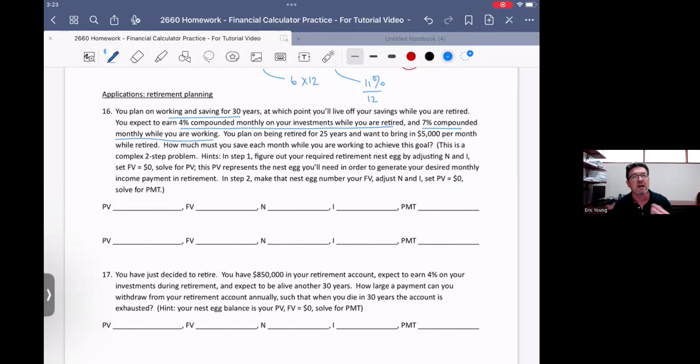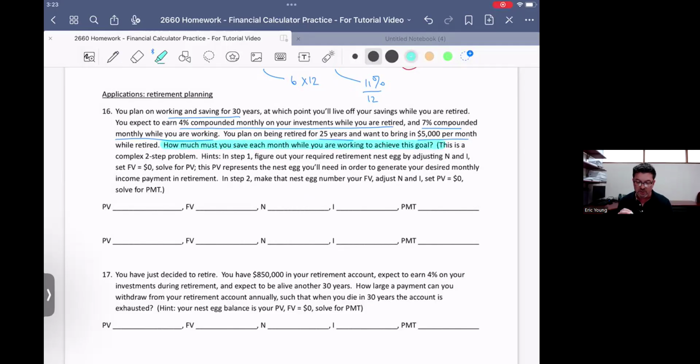So while you're working, you're going to be in riskier investments that give you a higher rate of interest. And then once you retire, you'll go really conservative to protect yourself. You plan on being retired for 25 years, and your goal is to bring in $5,000 a month in retirement income. Here is our big operative question.